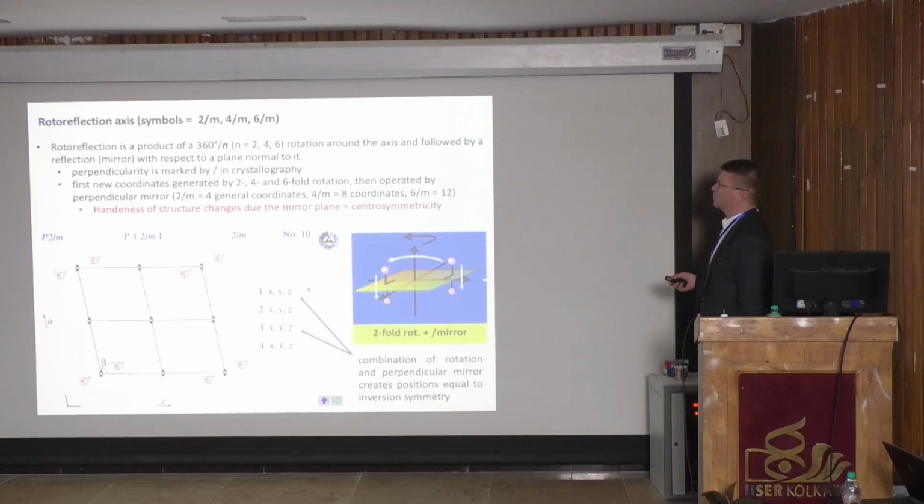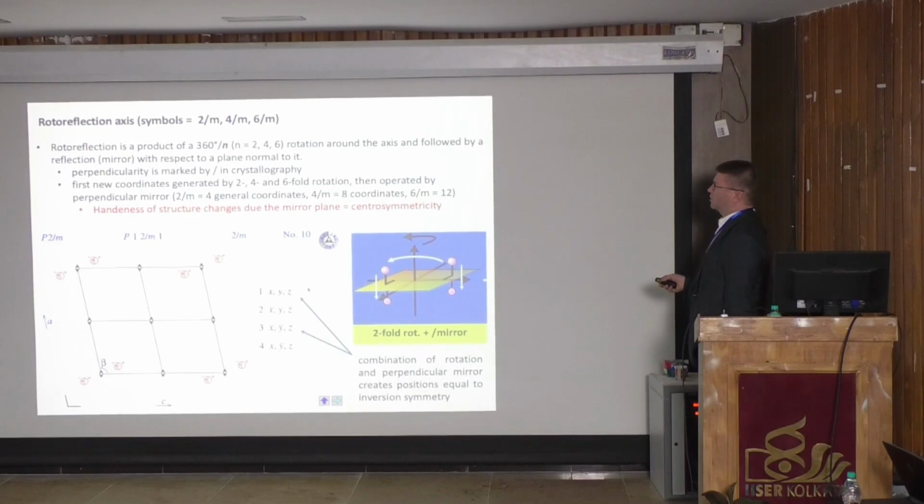The roto-reflection is marked like this: rotation, and perpendicular to this one, we have a mirror. So rotation and mirror, rotation and mirror. And then we can have here 2, 4, and 6. The reason why there is not 3 is that it's embedded, it's a subset of 6.